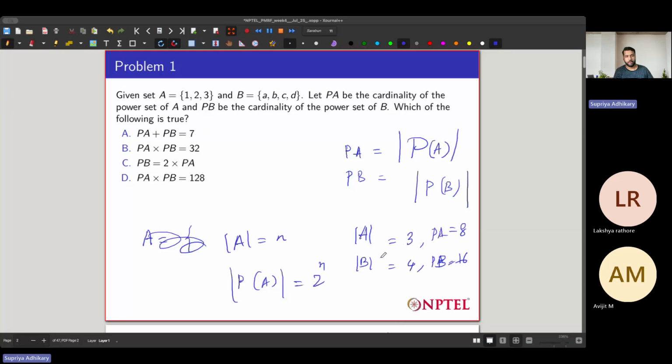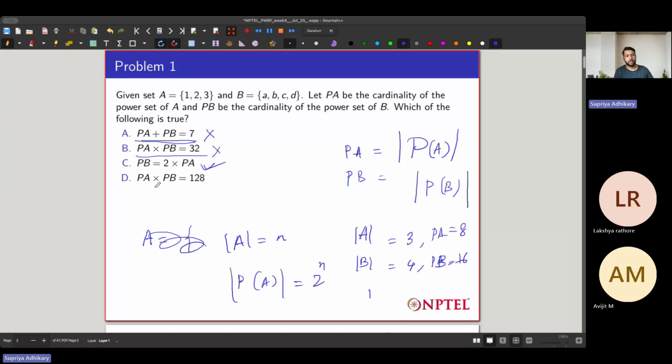Now let's check all these equations. PA plus PB equals 7? This definitely is not true. PA times PB is 32? This is also not true. PB is 2 times PA? That is true, because PB is 16, which is 2 times 8.